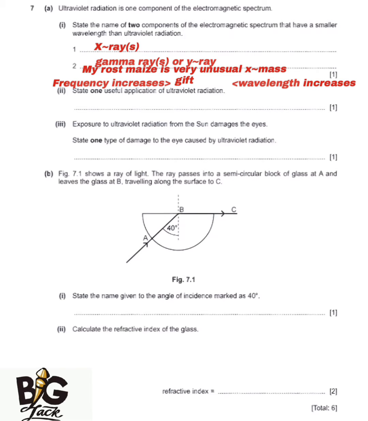Then as for Roman numeral number 2, state one useful application of ultraviolet radiation. The first one I'm going to say, in the treatment of cancer.